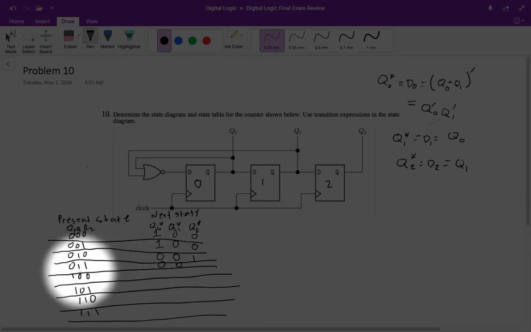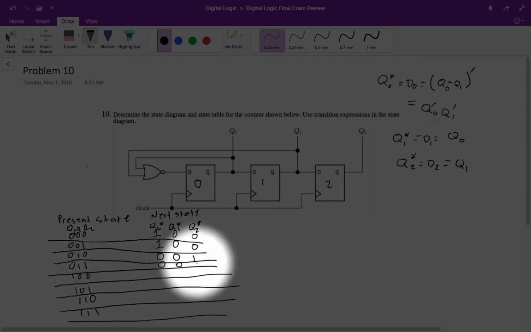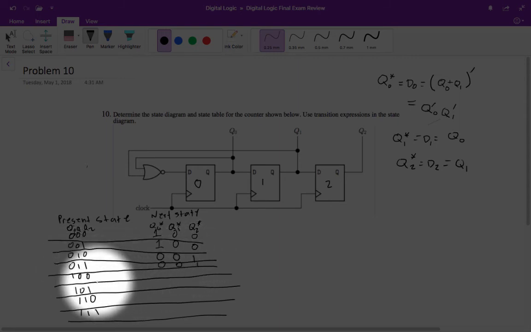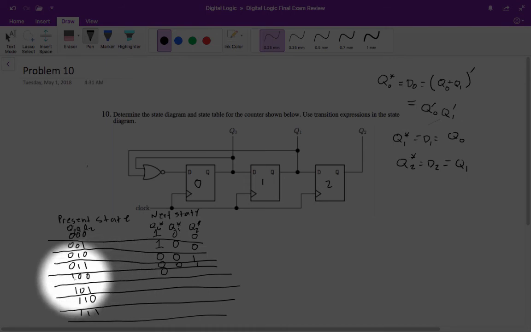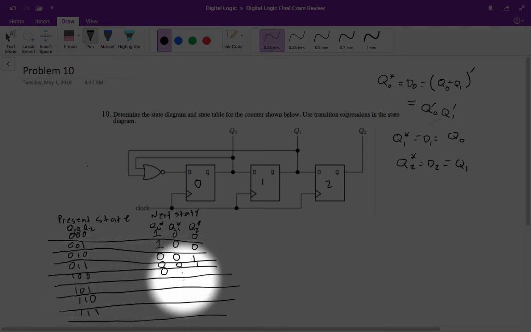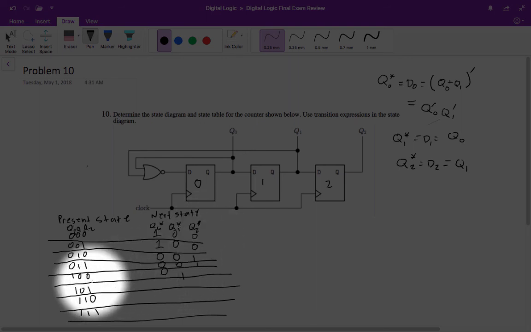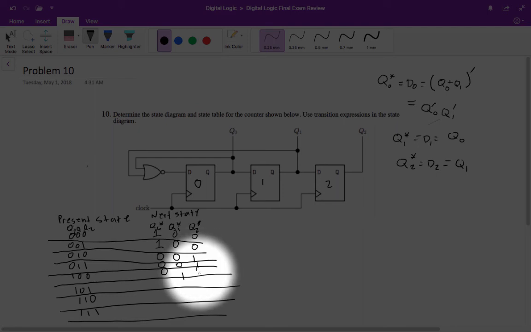Q2 star is Q1, and Q1 is 1. For 1, 0, 0, Q0 star is 0 and 1, which is 0. Q1 star is Q0, which is 1. And Q2 star is Q1, which was 0.